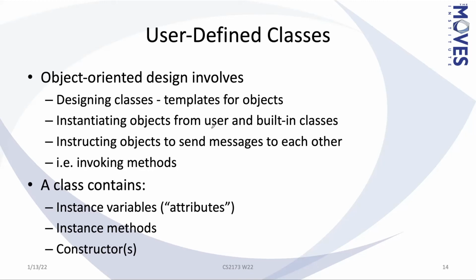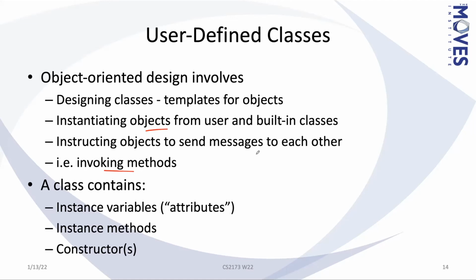And as you may have understood, there are literally thousands of other classes in the built-in ones. When you develop a program, it will typically have many different classes. And the execution of it consists of instantiating the objects, telling the objects to send messages to each other, which means, how do you send a message? You invoke a method.